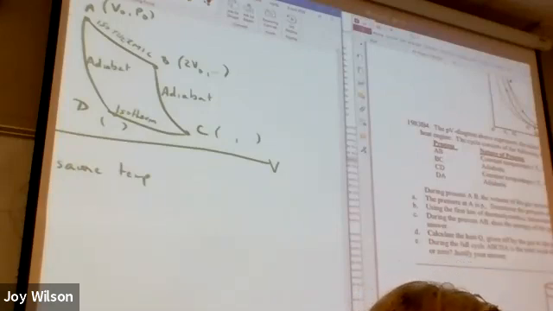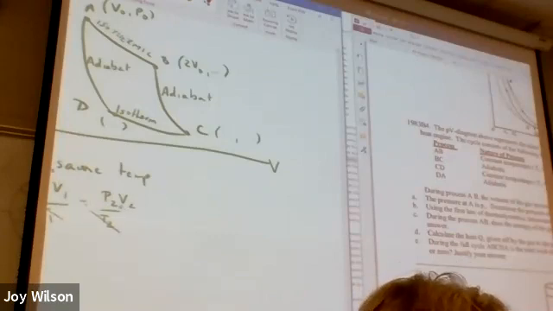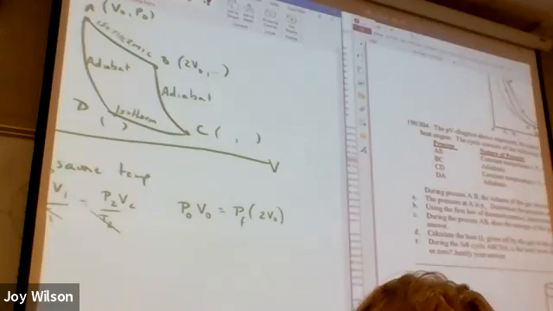We can cancel out the temperatures because it's the same temp. So if P original goes with V original, what is P final when we know this volume is twice as big?